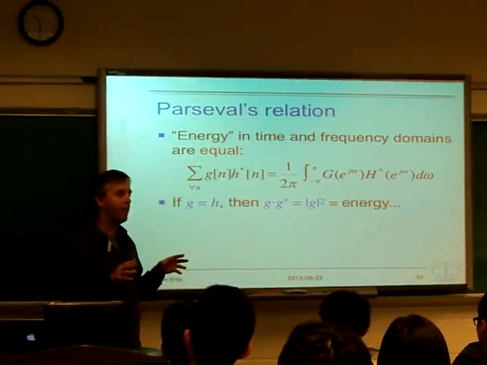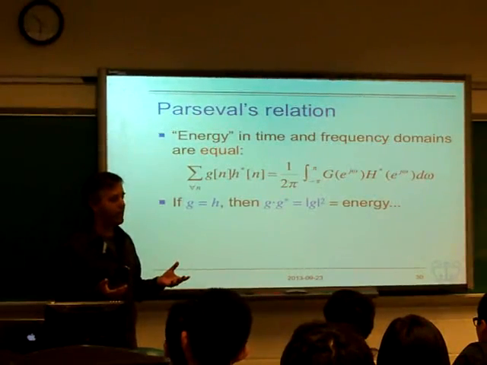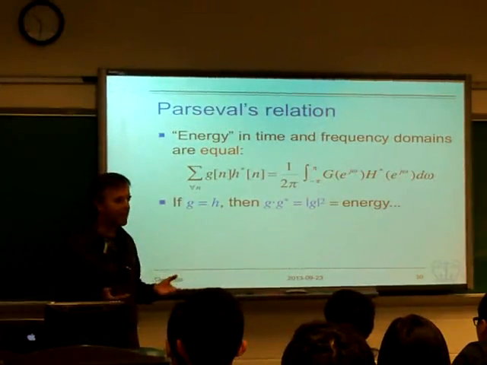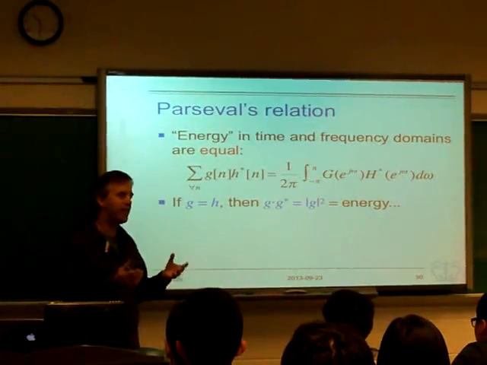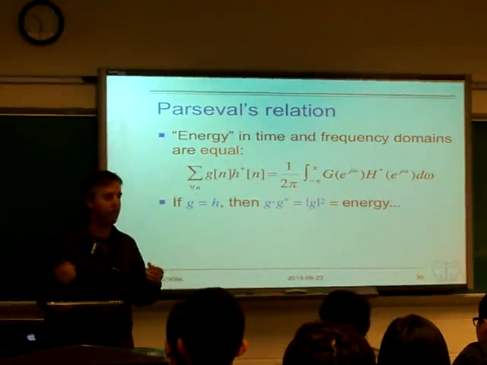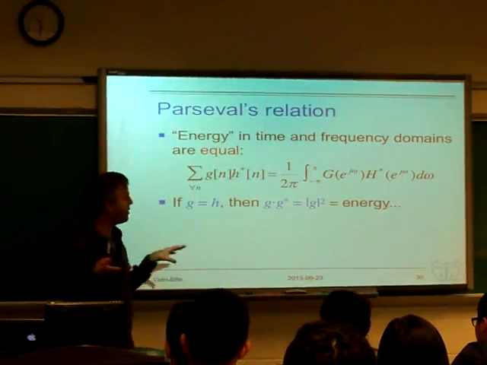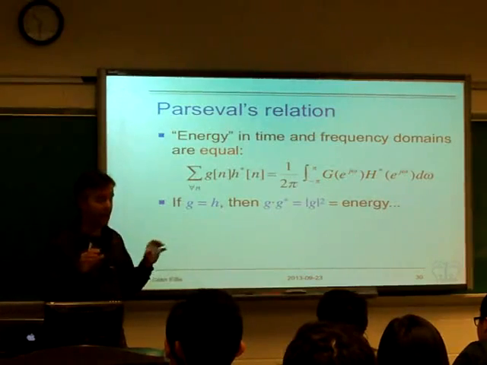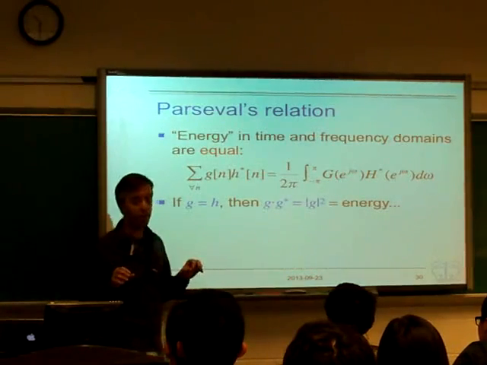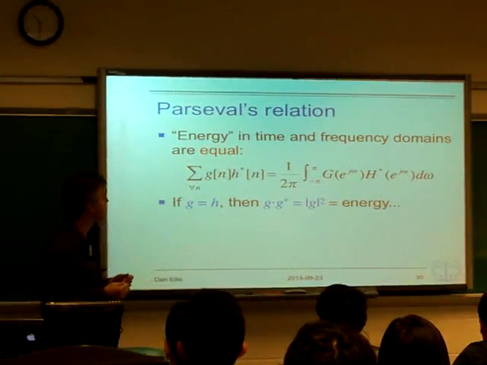But the total energy is maintained. That sort of makes sense from the point of view of linearity, that if you have zero energy in one domain, then the Fourier transform has got to be zero. If you get it larger, it's got to be larger somewhere. But it's not necessarily obvious that it's going to be precisely the same energy. By the special properties of the particular basis that we're using, it works out.